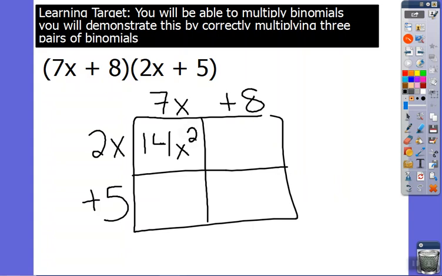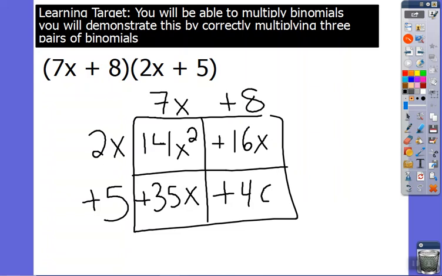My next box over here is looking straight up at a plus 8, and looking straight over at a 2x. So that is a plus 16x. On the bottom row, looking straight up at the 7x and straight over at the plus 5, that is going to give me a positive 35x, 7 times 5. And my last one is 5 times 8, which is 40.